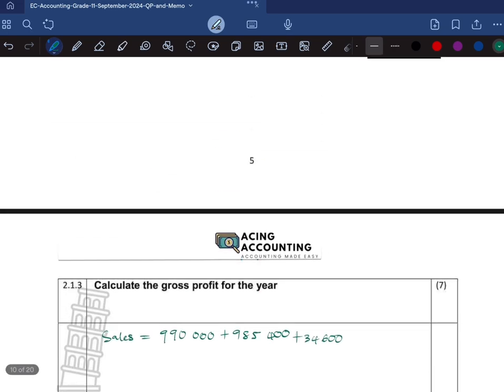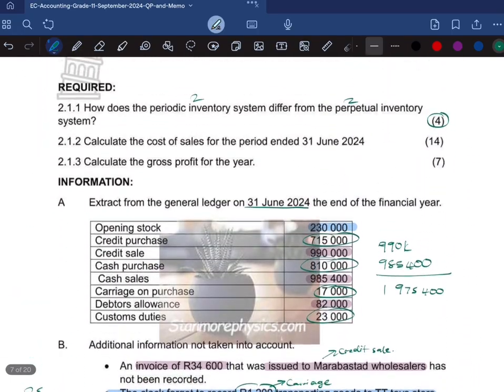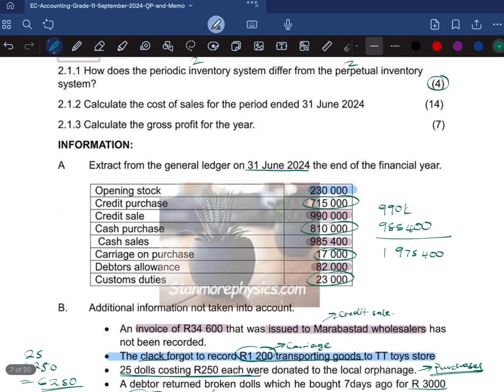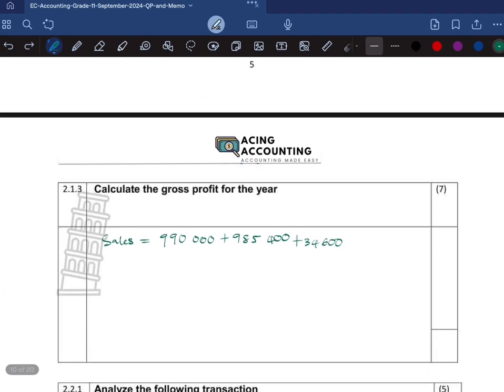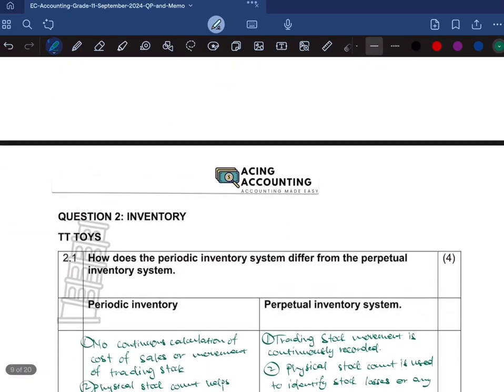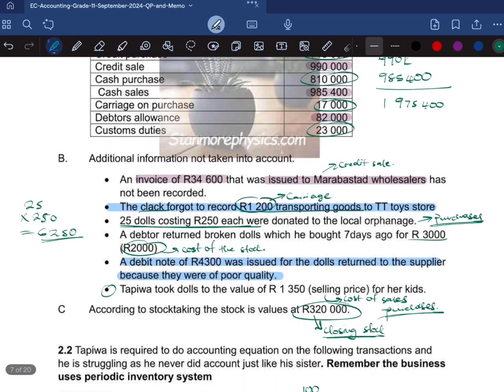34,600, right? And there's something I think I'm forgetting. Our debtors allowance, right? So remember that our debtors allowance is supposed to reduce our sales, so don't forget that. It was 82,000, right? Then now we have that transaction done. There was another one that we said is going to affect our sales. Let's just have a look.